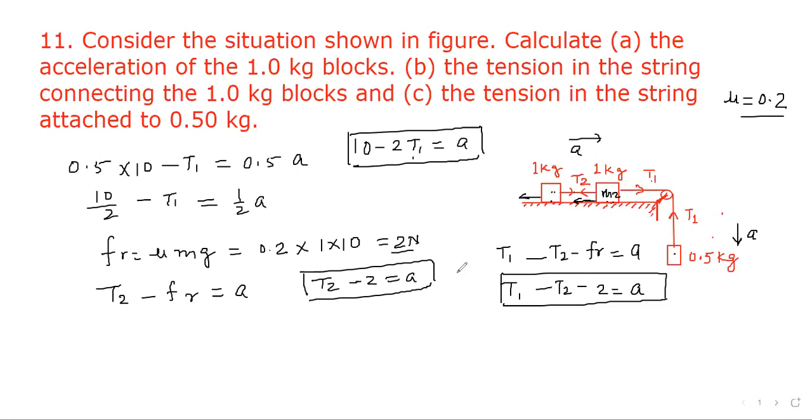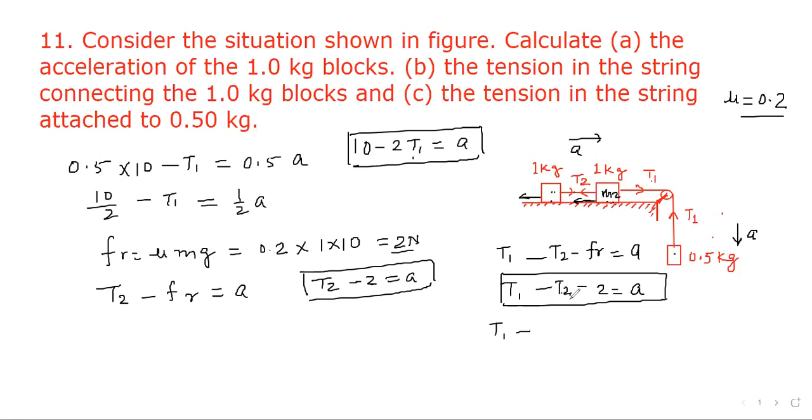We have got three equations. Now we can evaluate. We can put the value of T2 or T1 in any equation. Suppose we write the value of T2 from here in this equation.